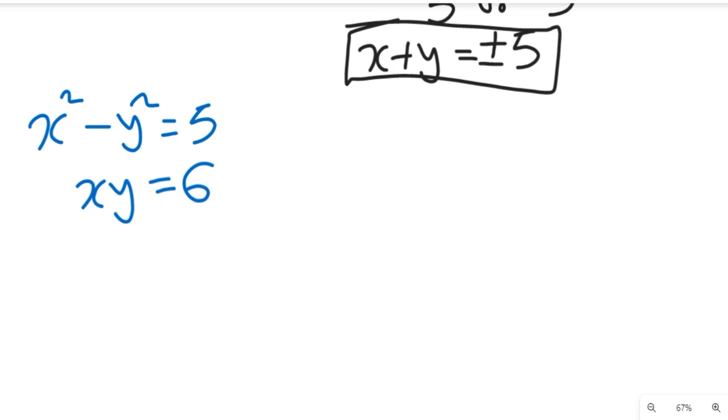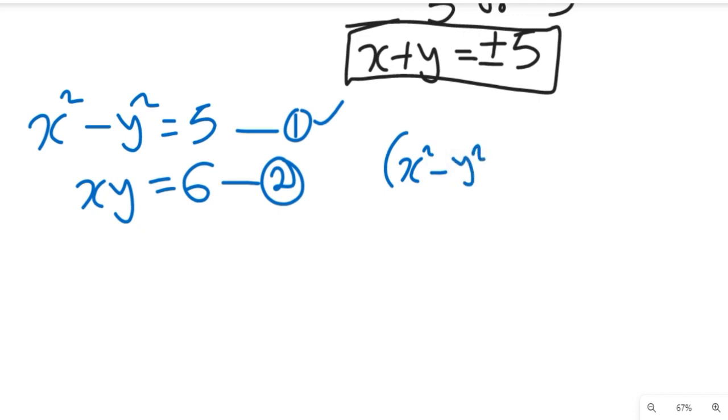Having this as our first equation and this as our second equation, the second method will have us look at the first equation and square both sides of it. If we square both sides, x squared minus y squared all squared is equal to 5 squared.